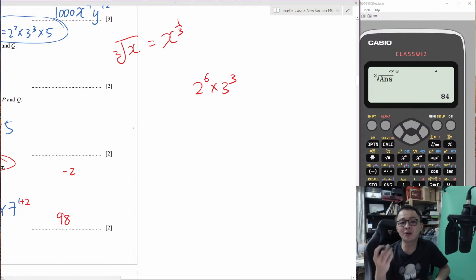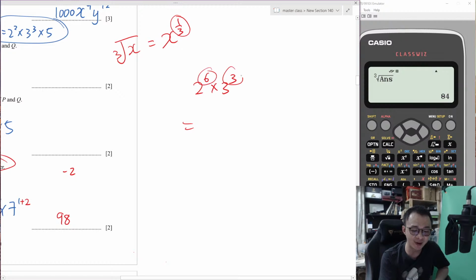So in order to get the cube root, after I multiply by 1 over 3, I will still get a whole number. So you can see here, if both powers are multiples of 3, I can factorize out the 3. So this one becomes 2 multiply 3, the whole thing power of 3. And then if I want to cube root it, the whole thing will be power of 1 over 3. Then I simplify, then I will get 12.